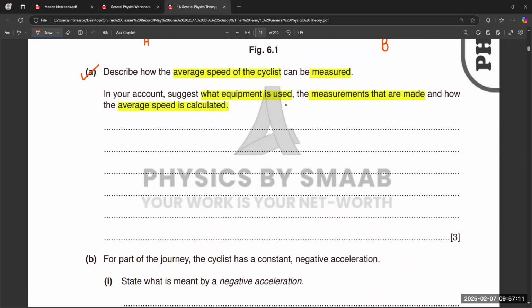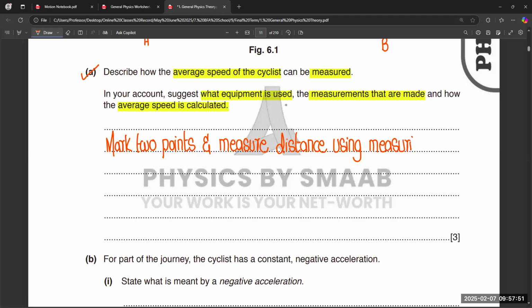So first of all, mark 2 points and measure distance using measuring tape.